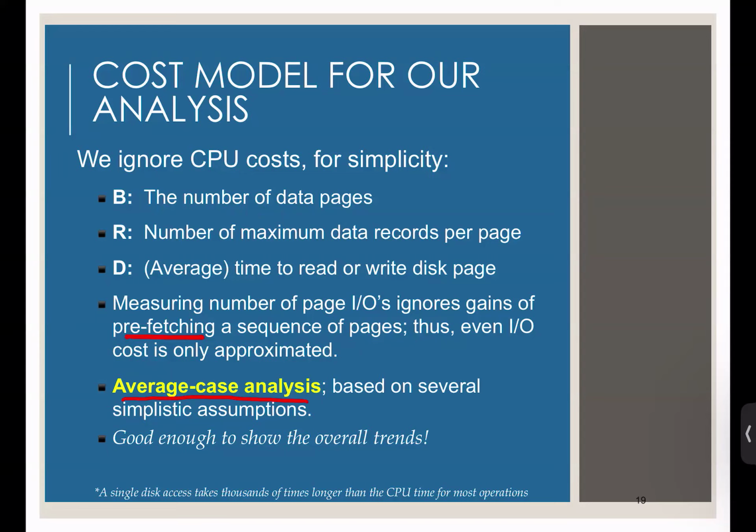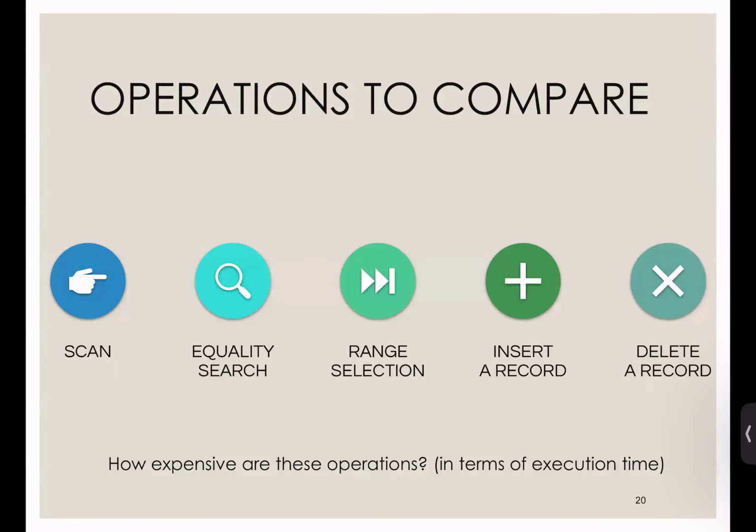And we'll try to simplify things to make sure that you understand how each data model or index would affect the cost. Here are the operations that we need to compare.